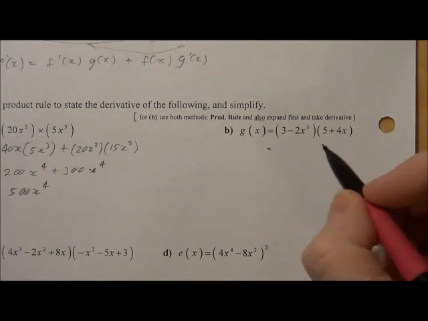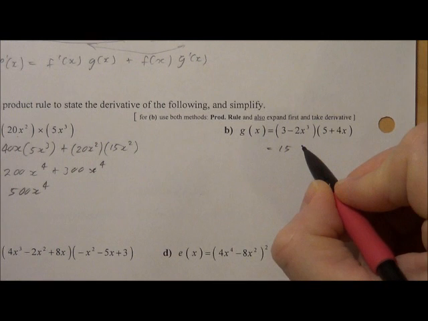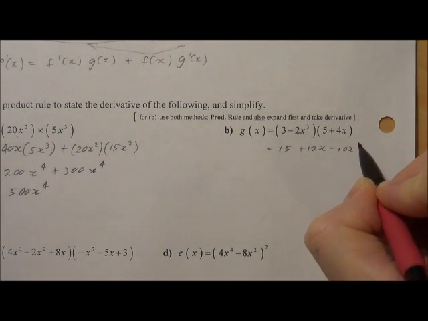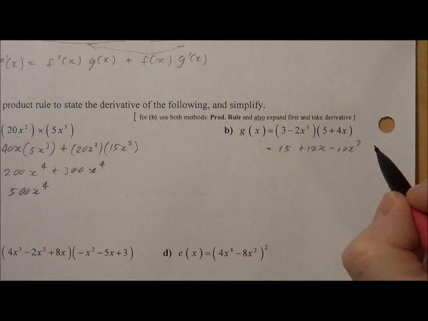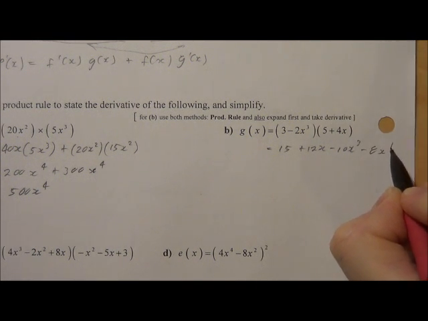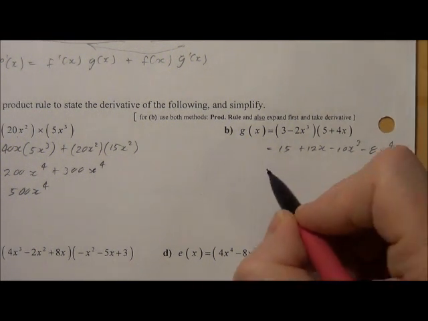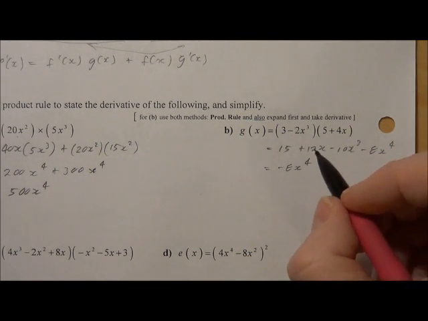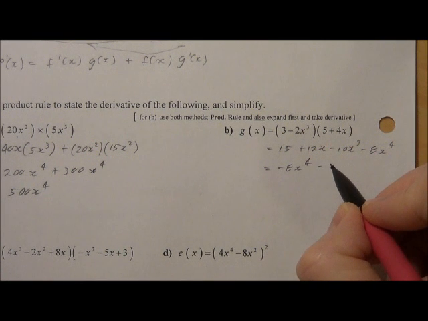Okay, so when I expand this out, I get 15 plus 12x minus 10x cubed minus 8x to the power 4. And then I'll just swing everything around to put it in descending powers of the variable.